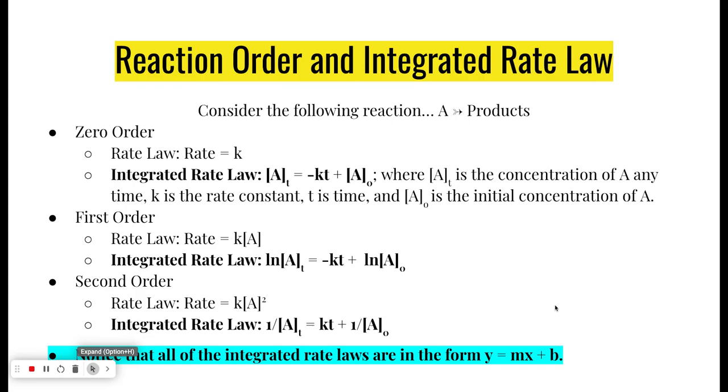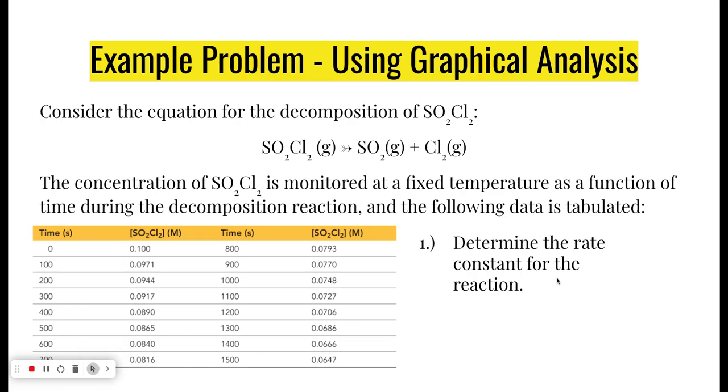Your Y is anything with the concentration of A at a specific time. Your M is the rate constant. T is your X value. And the y-intercept is your initial concentration of A. So just keep that in mind.